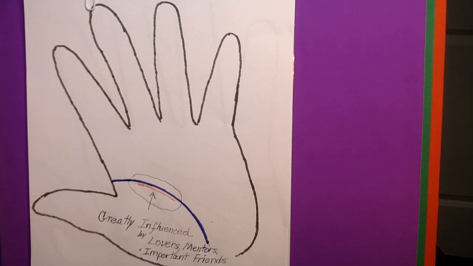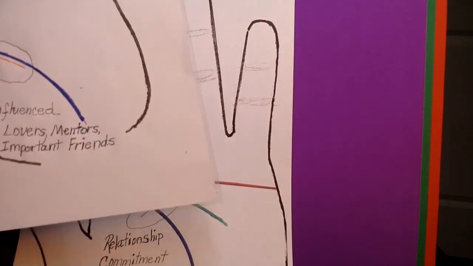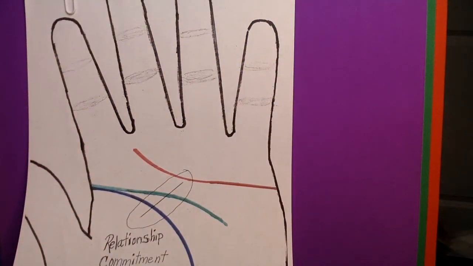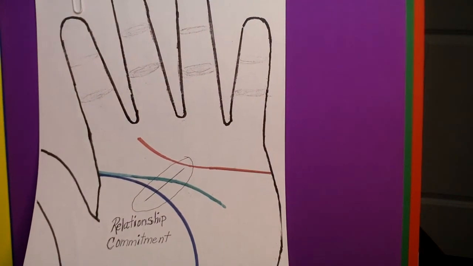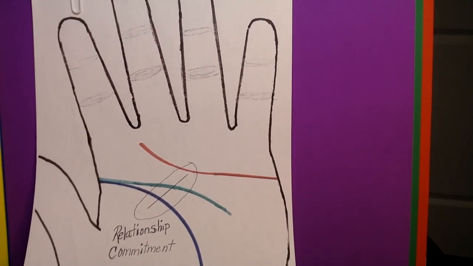All right, let's go on to the last one. Now here is a line that moves from the inside of the lifeline. In fact, it's on the thumb ball, and it's usually a thin line. Sometimes the line is a little wavy, but it always moves from inside and heads toward the heart line.